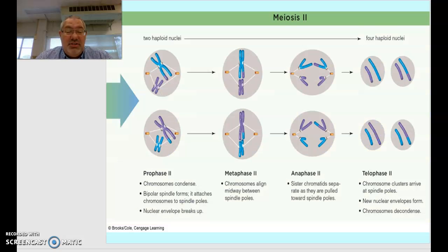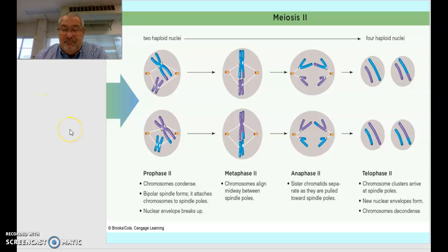In meiosis 2, we started with 2 haploid cells with 2 chromosomes, and they end up, after the chromatids separate, with 2 chromosomes in each of those 4 cells. So the chromosome number has been reduced by half, and the possibility exists for each haploid cell to be genetically distinct or genetically different from the other 3.